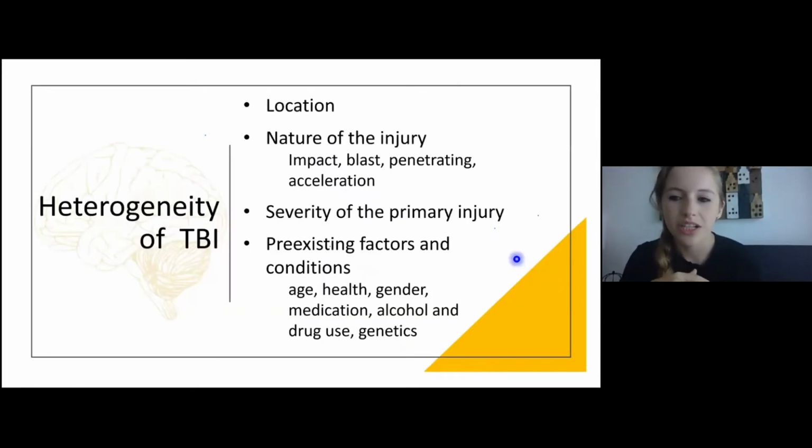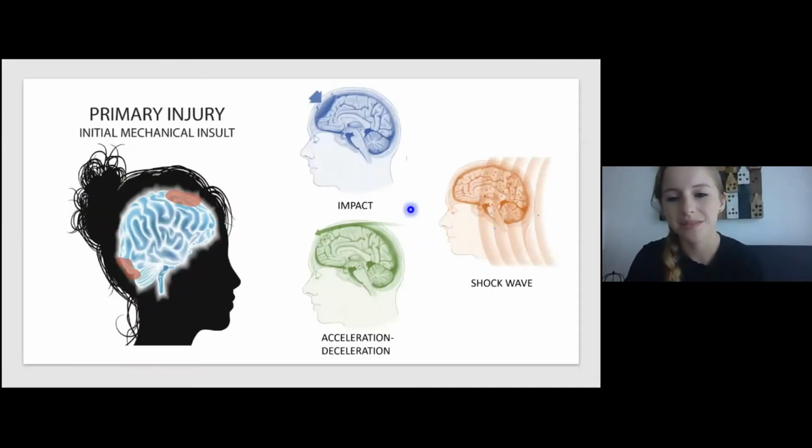Furthermore, that heterogeneity doesn't stop with injury type, it also changes with where on the head the person was impacted, it changes with the severity, and even pre-existing factors such as were you drunk when you hit your head can impact how well a person recovers from these injuries.